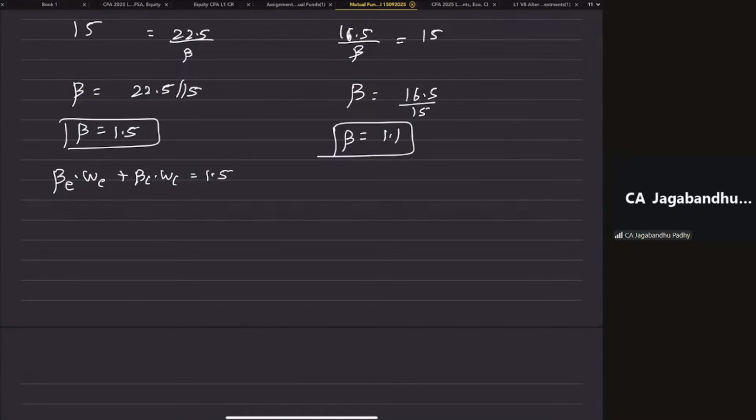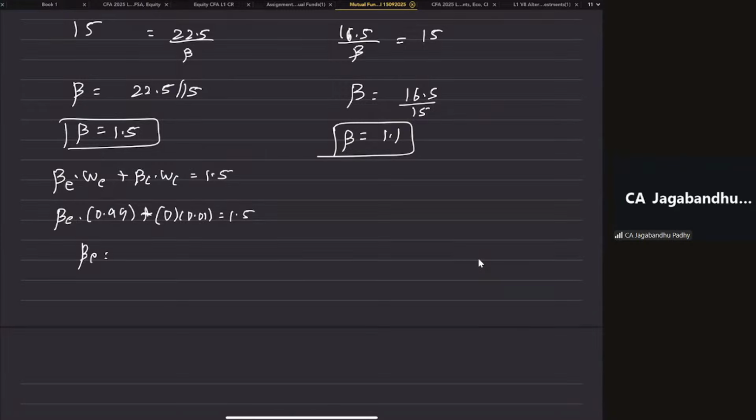Beta of equity we don't know what it is, but we know the weightage of equity is 0.99. What can I say about beta of cash? How much will be beta of cash? 0, right? 0 into 0.01, plus the equity part, is 1.5.